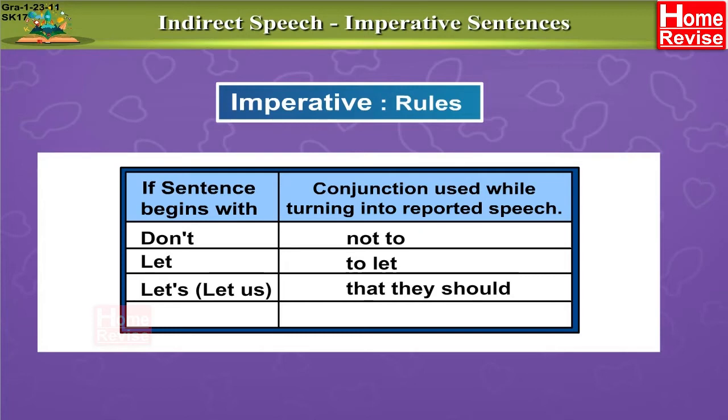And the last one: if it is an affirmative imperative, then the conjunction to be used is to, which has to be followed by the present form of the verb, because to is the infinitive, which always carries the present or the original or the root form of the verb.